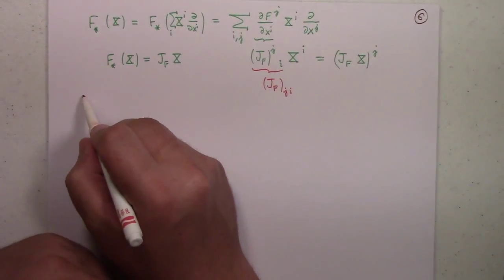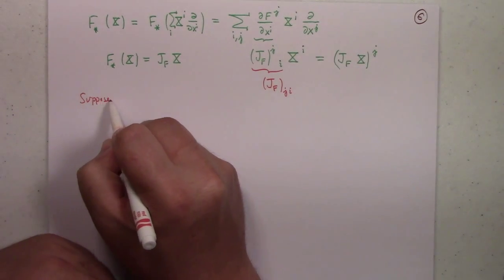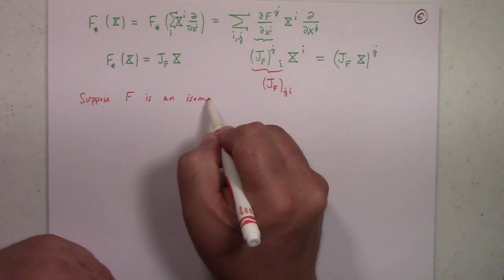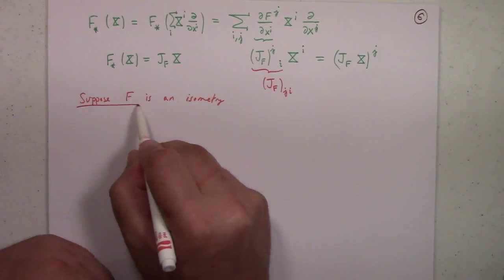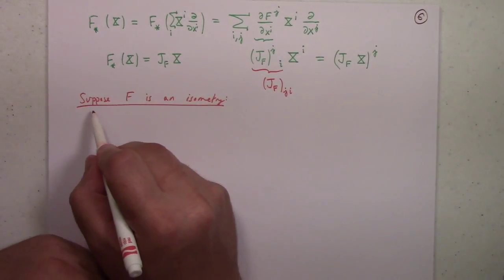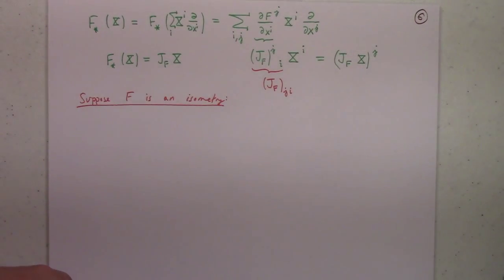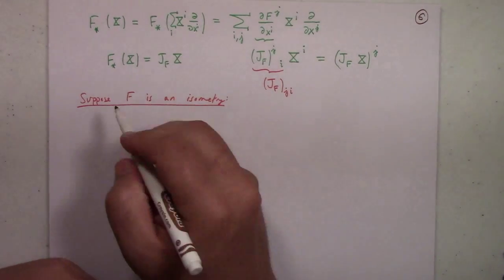Suppose F is an isometry. That means we can write, let's see, I'll choose a color eventually here.